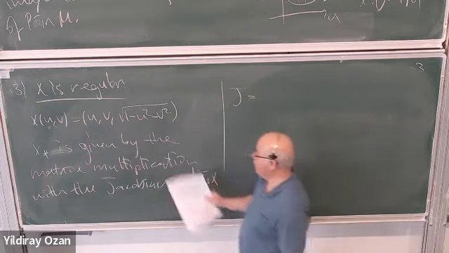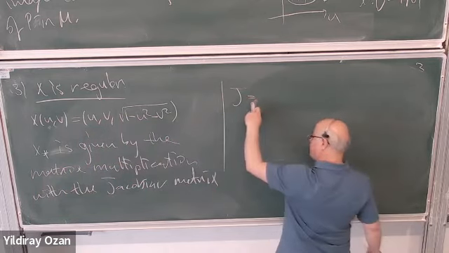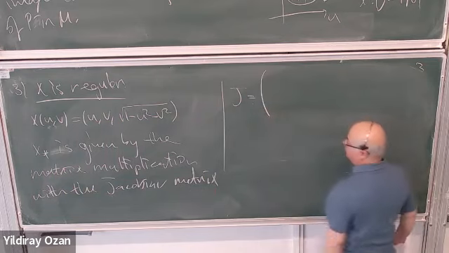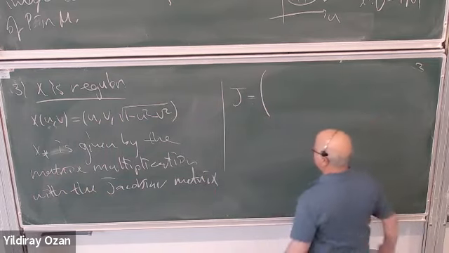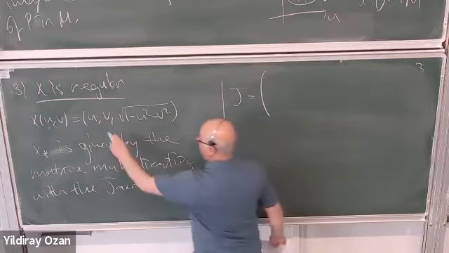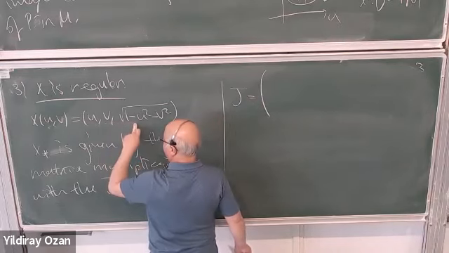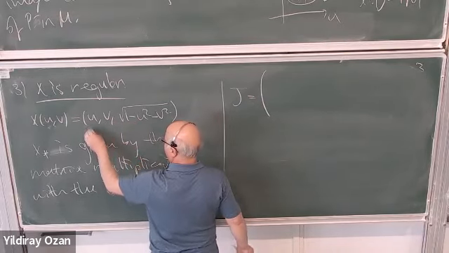What is the derivative map of this? It's given by matrix multiplication by the Jacobian of this function. So I look at the coordinates of this function.